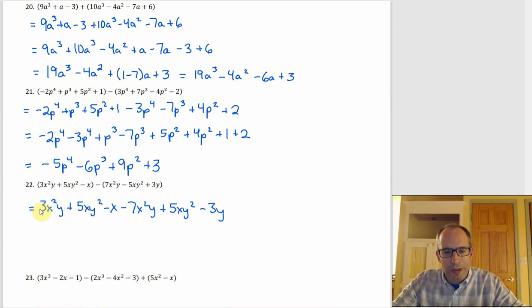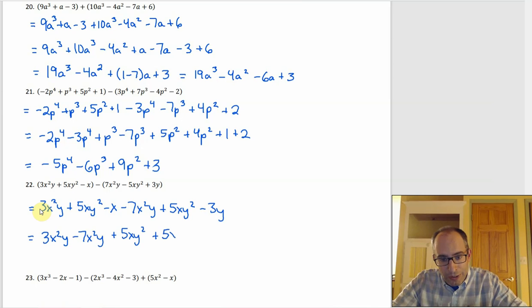And then let's see what we can do. There are two x squared y terms, two xy squared terms. I guess I can put them next to each other. So 3x squared y minus 7x squared y, and then plus 5xy squared, and then another 5xy squared. And then other than that, we just have the minus x and the minus 3y.